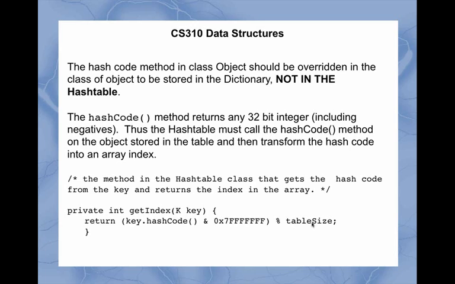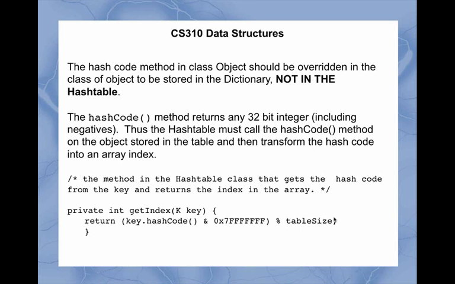So think about this for a minute. If the table size is 1000, that's the maximum number of elements that you can store in your dictionary. If we take a 32-bit number and mod it with the table size, what we're going to get is a sequence of integers that will map to and fit the table.